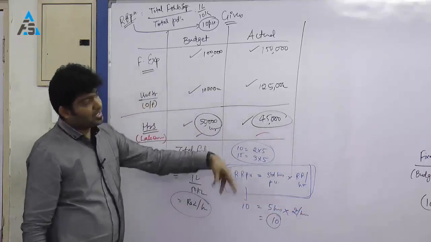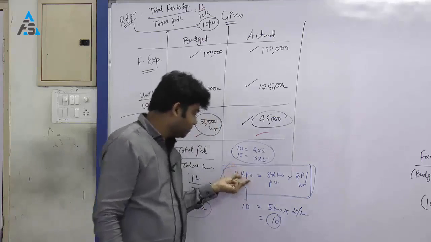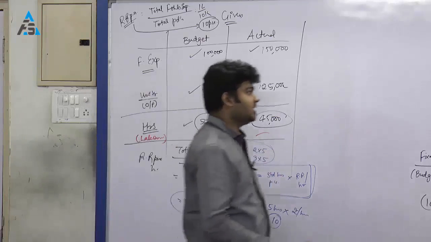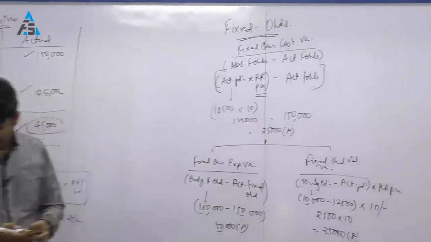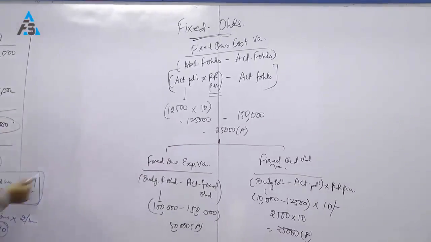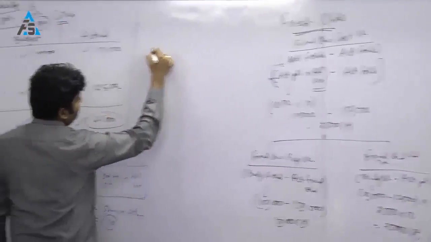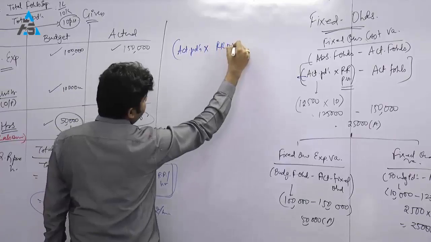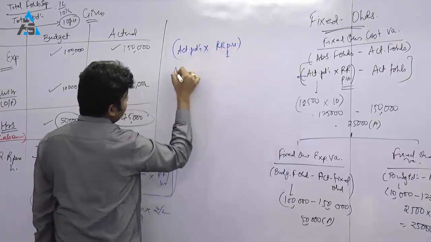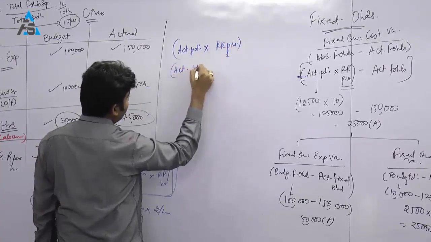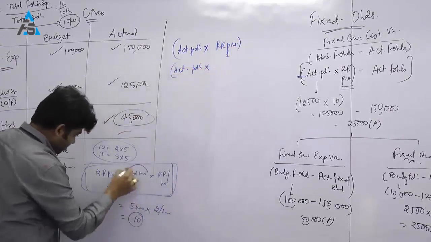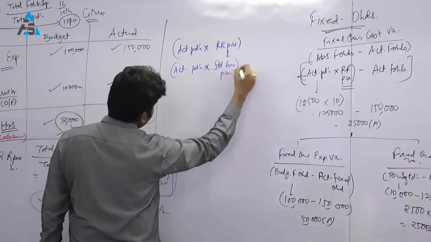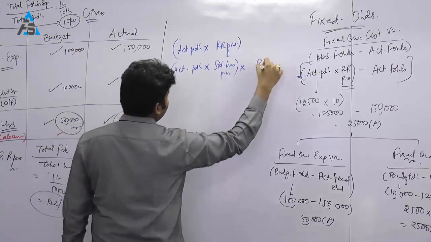So this total works out to 10. The point that I am trying to make is that recovery rate per unit can also be written as standard hours per unit into recovery rate per hour. This is the same thing that you have to apply here. So here we will now say that this can be written as actual production into recovery rate per unit. This recovery rate per unit can be said as standard hours per unit into recovery rate per hour.